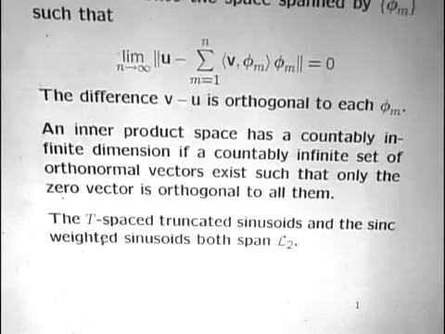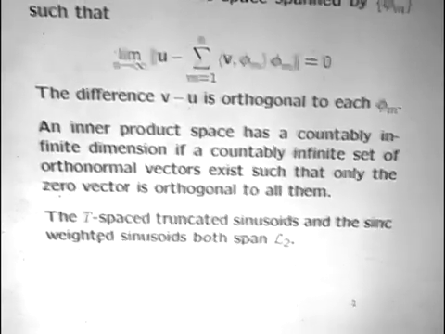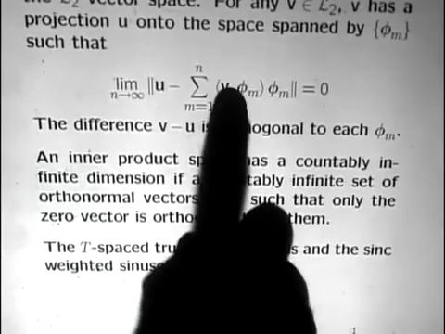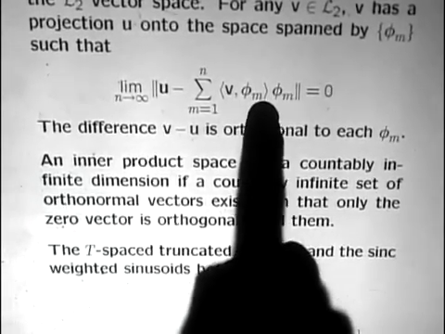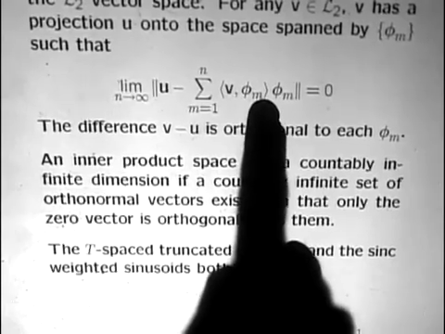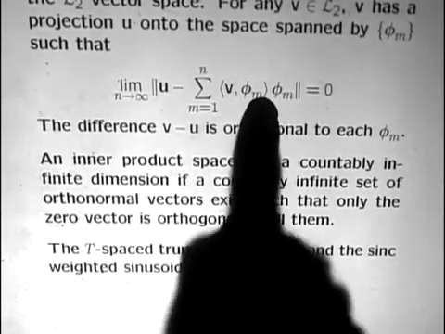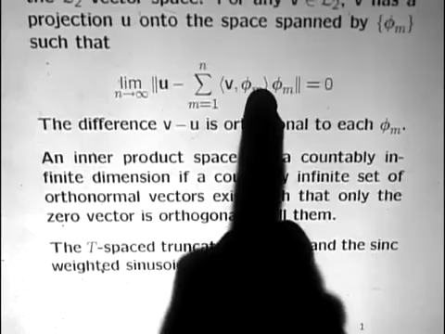The magnitude of that function was always less than or equal to 1. And because the magnitude was always less than or equal to 1, you could just take the integral of v of t times phi sub m of t, and you could show directly that that integral always existed because of the special property of the sinusoids.